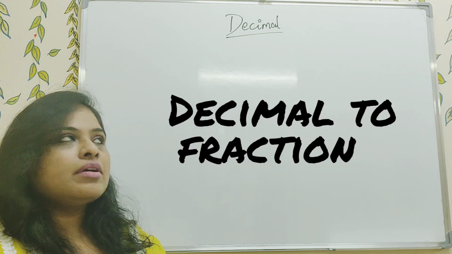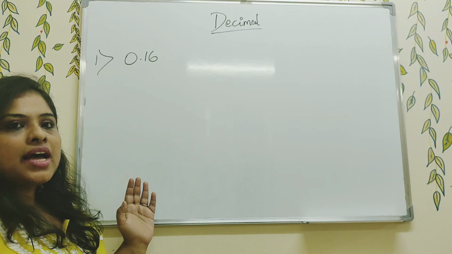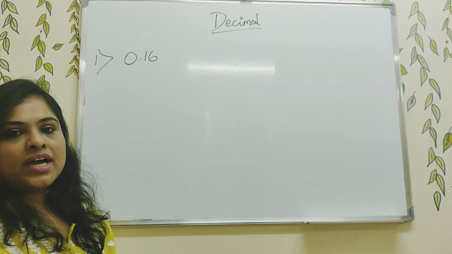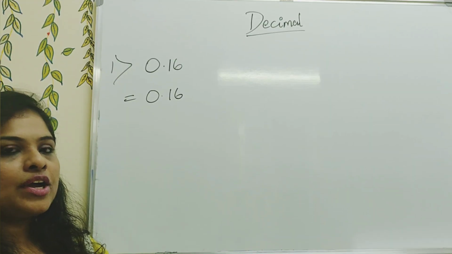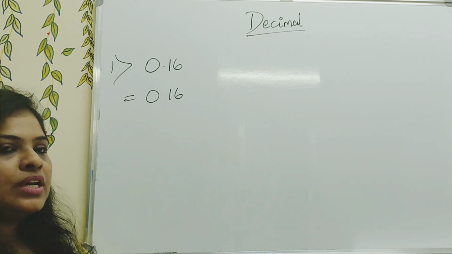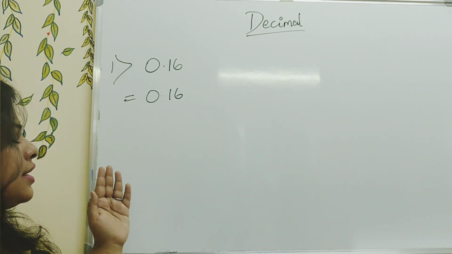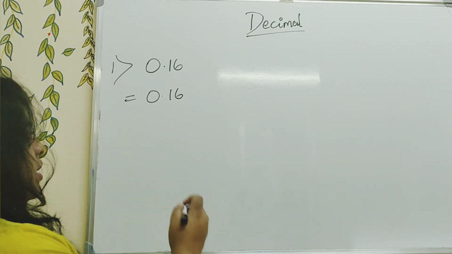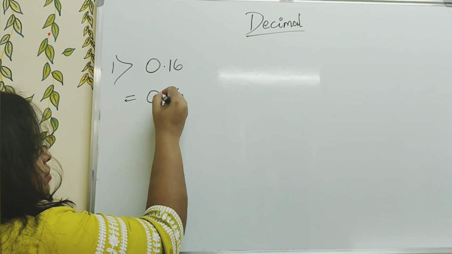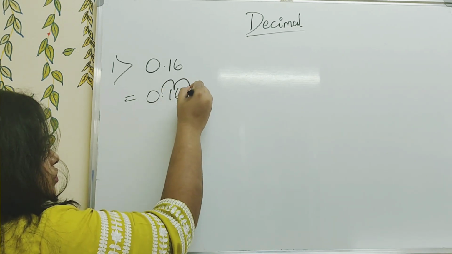All this while we were converting from fraction to decimal. Now we will convert from decimal to fraction. I have written a problem, 0.16. Converting from fraction to decimal, we were drawing an arrow mark from right to left. Now we will draw an arrow mark from left to right. That is, where is the pointer? Over here. From there, 1, 2.